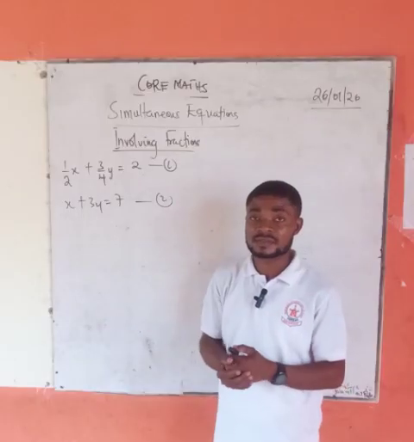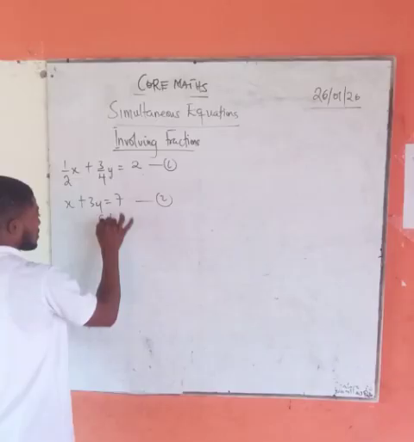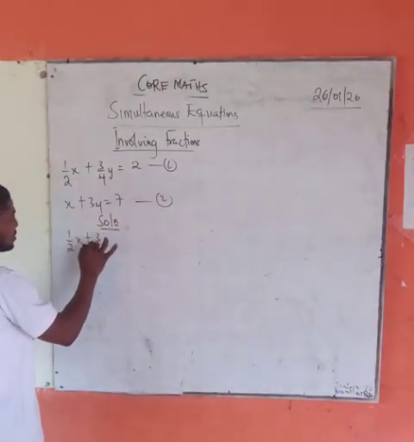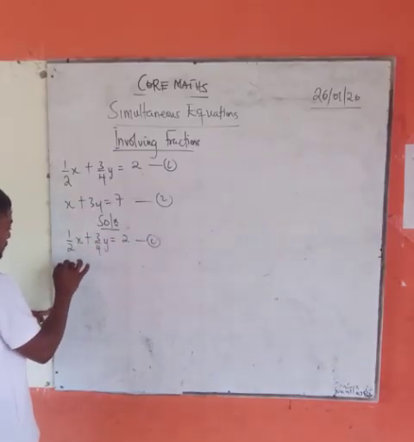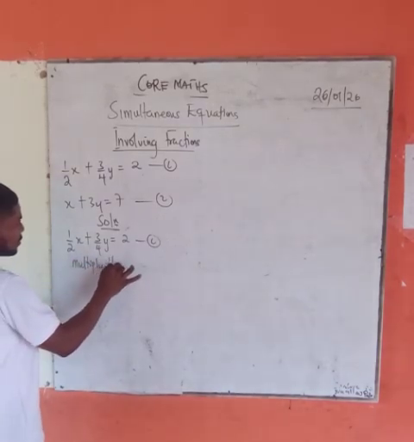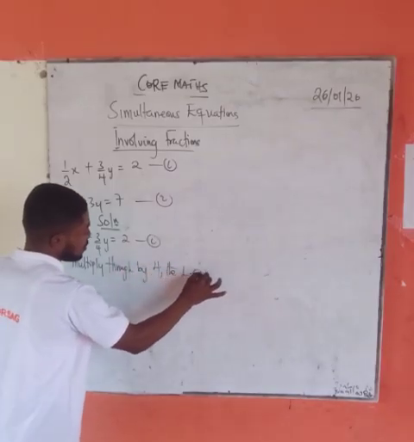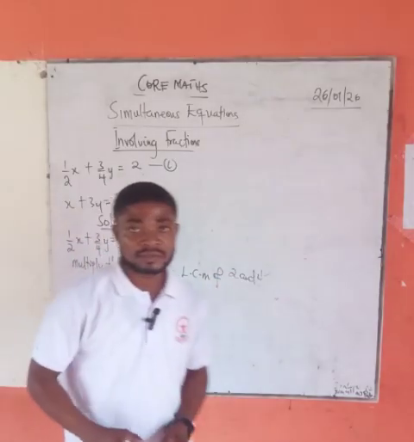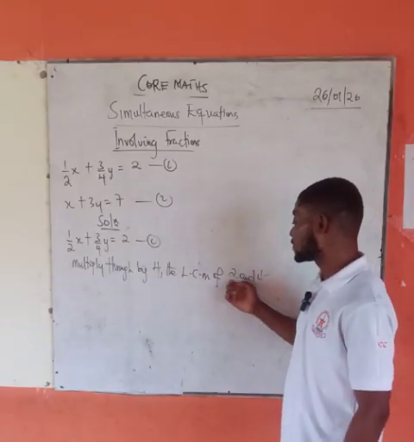Now when we take equation 1, I'm going to multiply through by 4, which happens to be the LCM of 2 and 4.